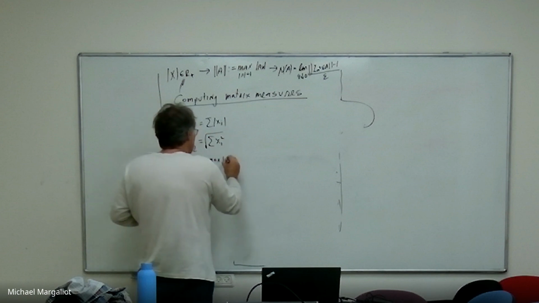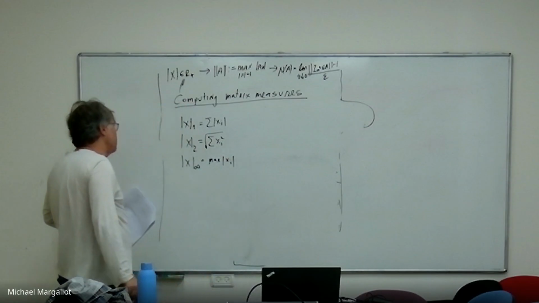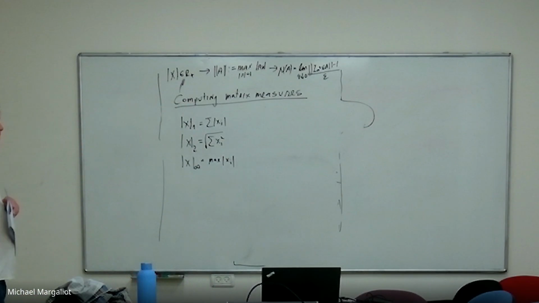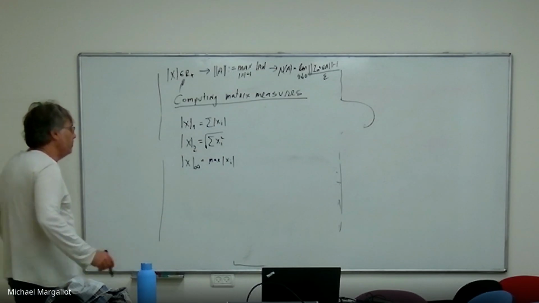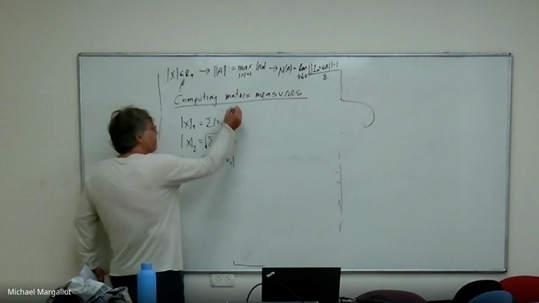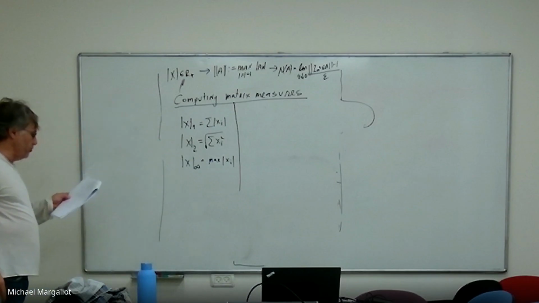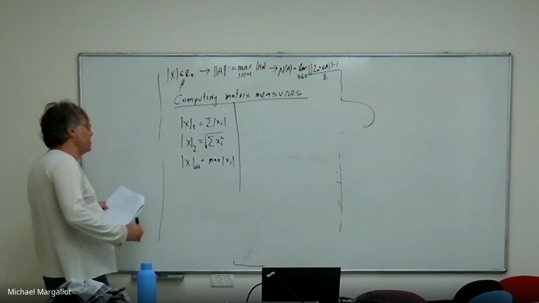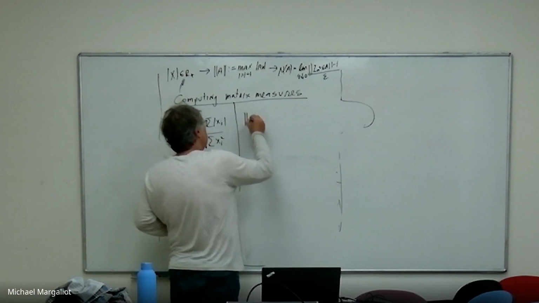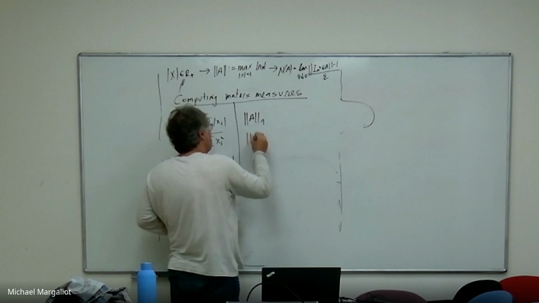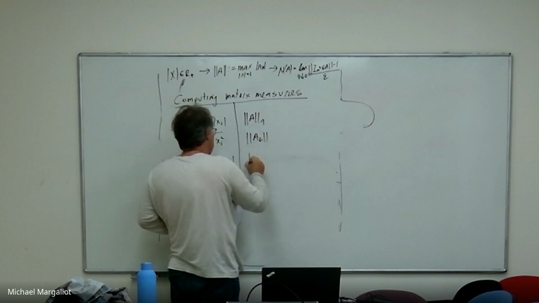This is the maximum of the x_i's. These are 3 well-known vector norms for which we have a closed form expression, and for these 3 vector norms, we also have a closed form expression for the induced matrix measure.